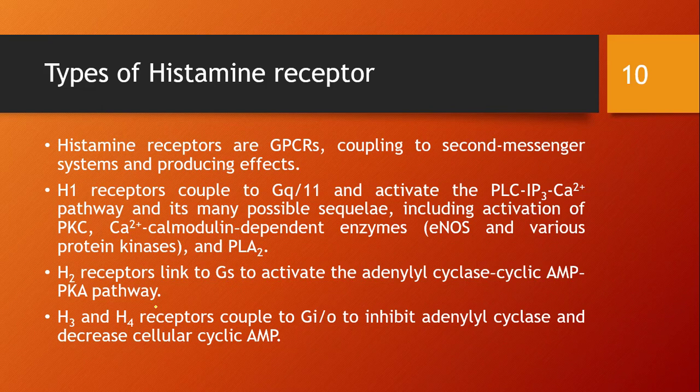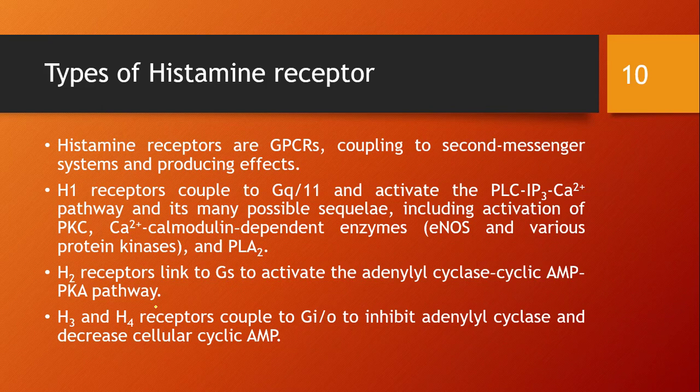Okay, so the types of receptor: we have four types of receptor, that is H1, H2, H3 and H4. All of these receptors belong to the family of G protein coupled receptors. The H1 receptor is internally coupled to the Gq G protein, and thus it activates the IP3 DAG pathway. Okay, and thus calcium has many sequelae or many effects therefore.